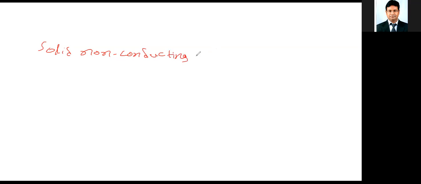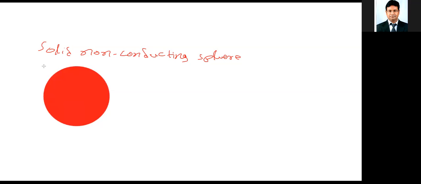When I say non-conducting, remember, it does not allow the charges to flow. That's the difference between conducting and non-conducting. Conducting means they allow the charges to flow. Non-conducting would mean it does not allow the charges to flow. So suppose I'm having a solid non-conducting sphere.